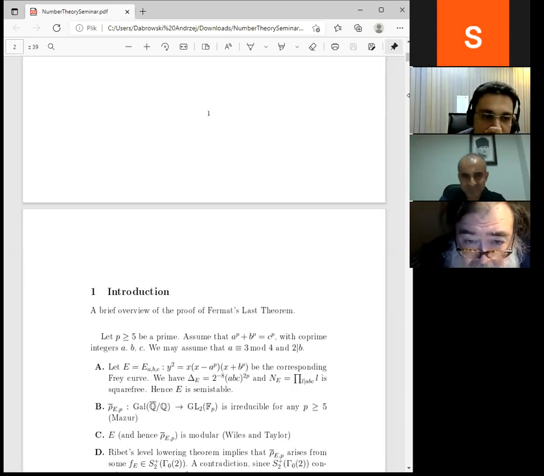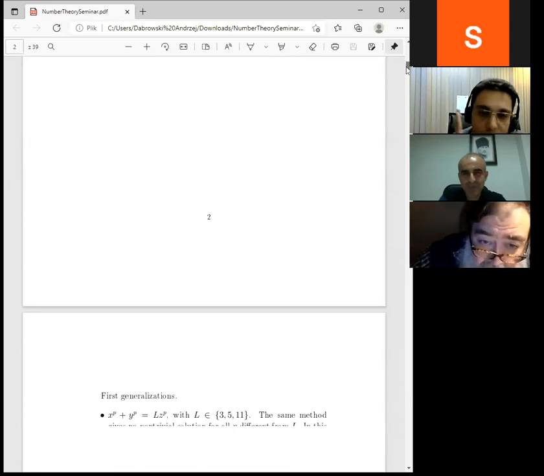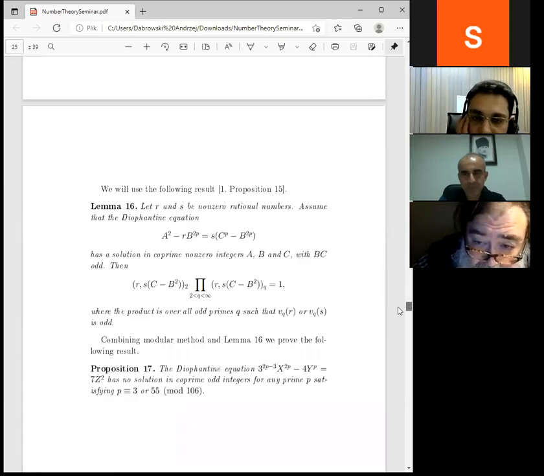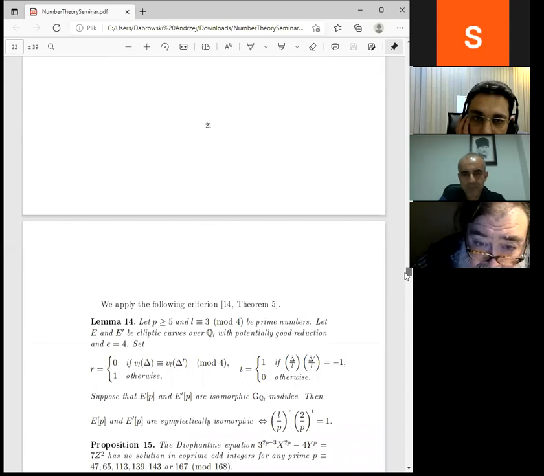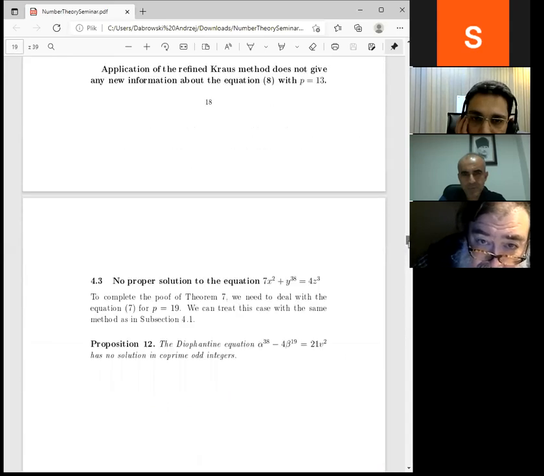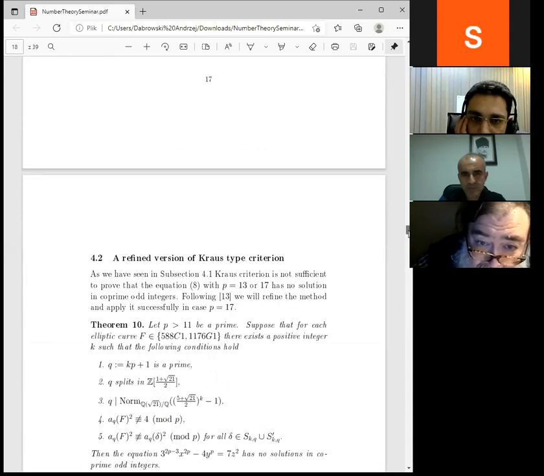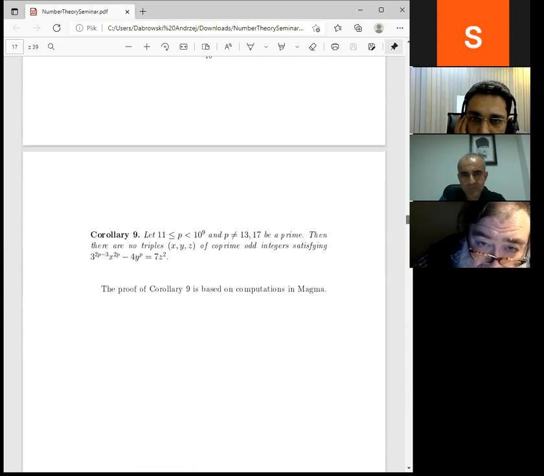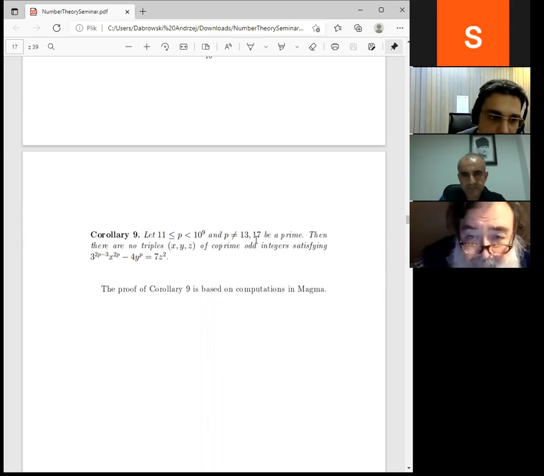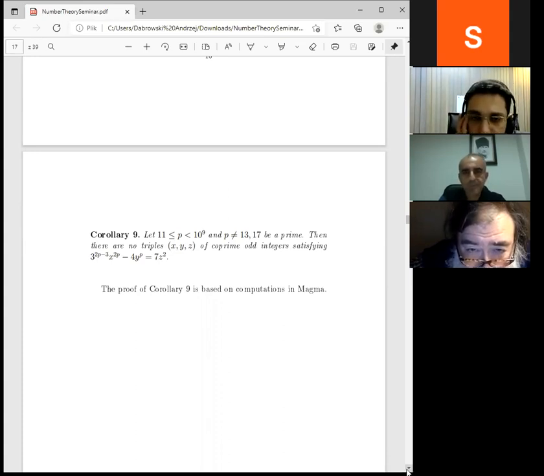Yes, because the first exception was 17. We were able to remove this exception by refining the Kraus-type algorithm, but we were not able to refine it further to remove this remaining prime.